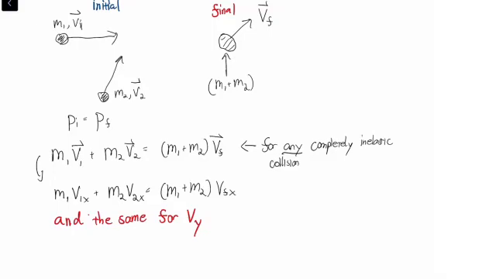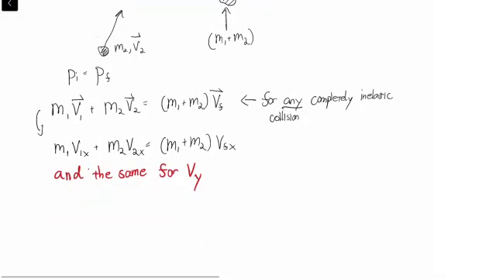And so what you can see here, I hope, is that even if we're given the initial momenta of both objects, you can always calculate the final momentum of the final object, right? Because you have two equations and two unknowns. Basically, your unknowns are Vfx and Vfy.